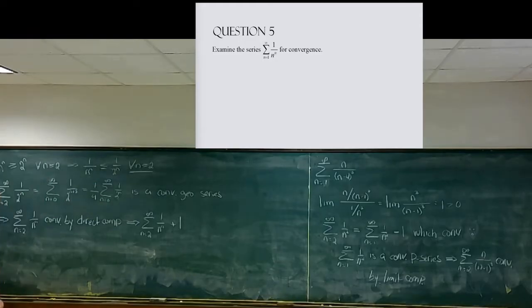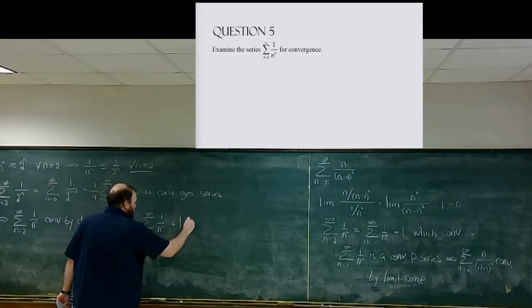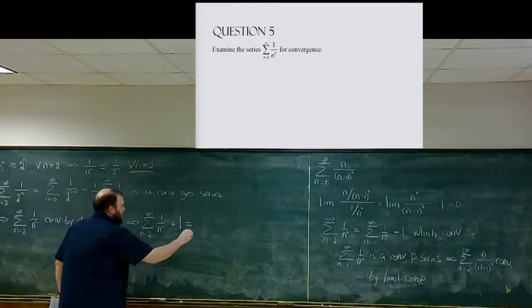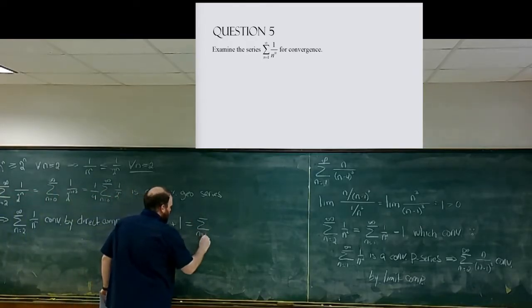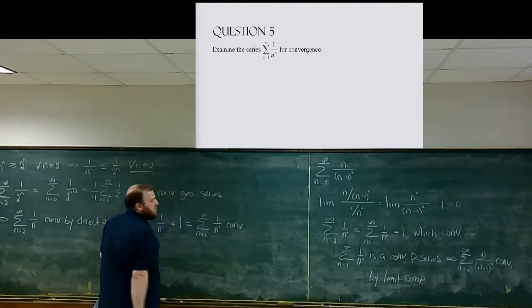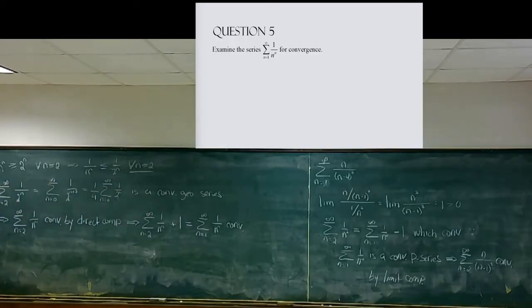So if I add 1, it would converge, right? Yeah. But isn't that 1 over 1 to the 1? Yeah. That's the n equals 1 term. Does that mean that our series converges?